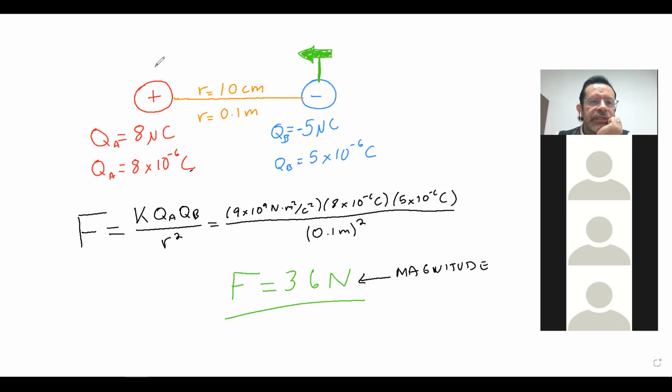Now let's do the same exercise over here. And this is a 36 Newton force. Now I'm on the other side, on the positive charge. Where would the arrow point with regards to the positive charge?